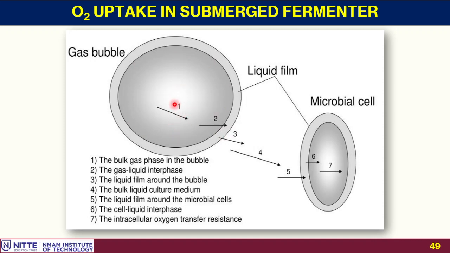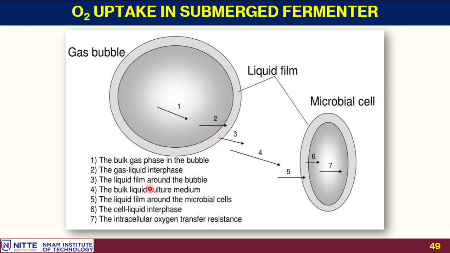There is no much resistance at all for the oxygen to move nearer to its boundary. Near the boundary, in the second step, it has to transmit from the gaseous phase to the liquid phase. A thin liquid film is there, so it has to transfer. This transport is also not much difficult.